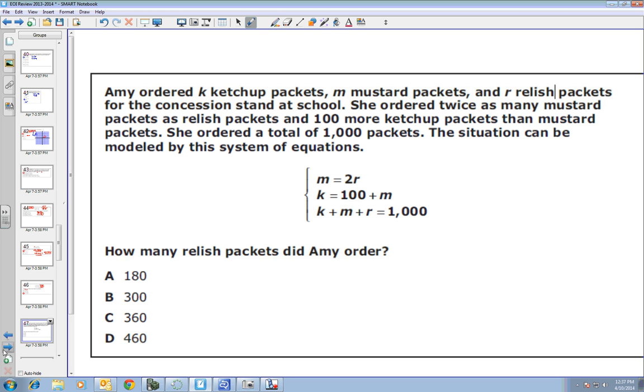So what am I solving for? K, M, or R? I need to solve for R. So I need to go to the equation that has R in it. Now, this is K plus M plus R equals 1,000. Well, do I know what K is? It tells me K equals 100 plus M, okay?